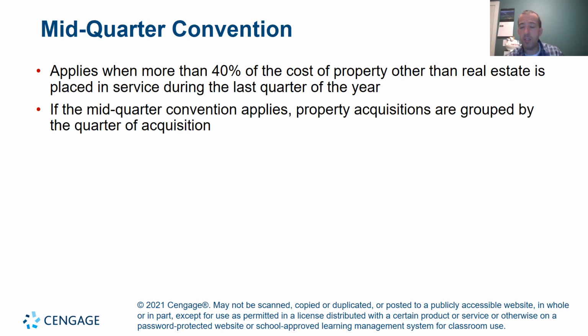So if we acquired more than 40% of the cost in the last quarter of the year, then instead of the half-year convention, we have to use the mid-quarter convention. What that means is that the depreciation will be slightly less in year one because we're going to reduce it, and we can see that in the calculator.